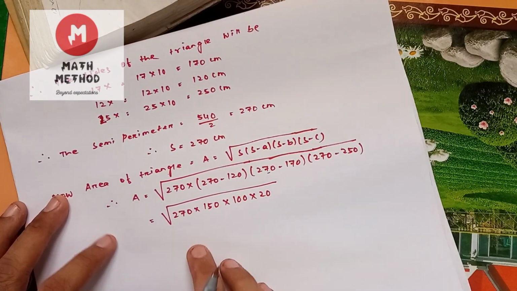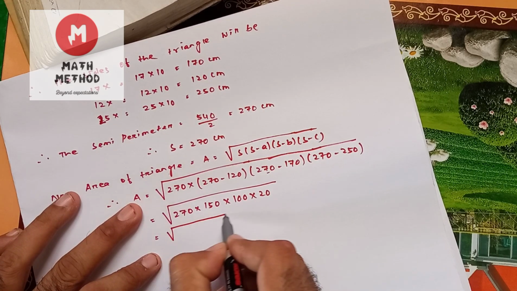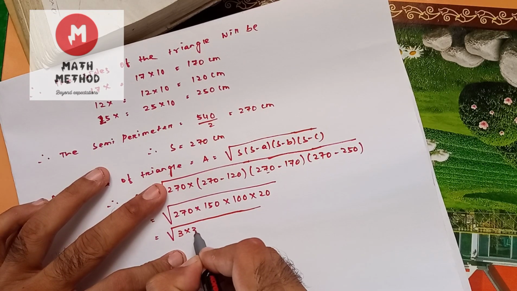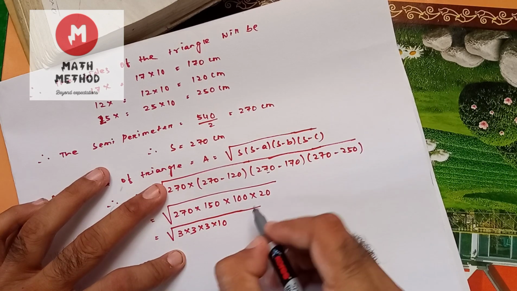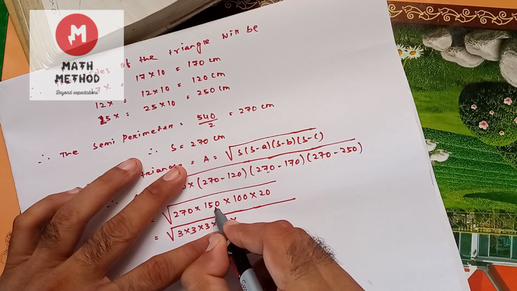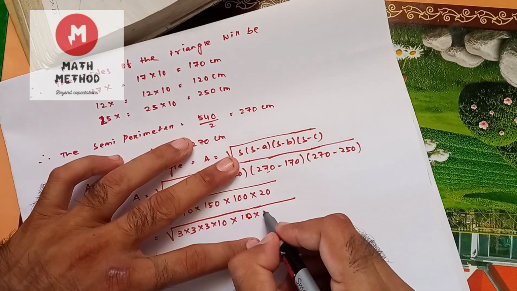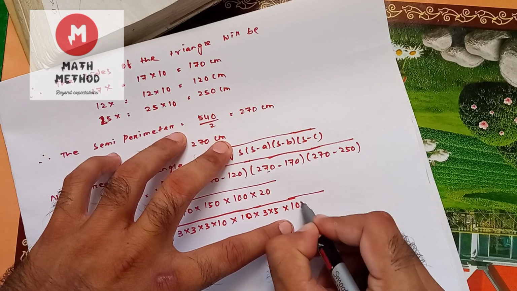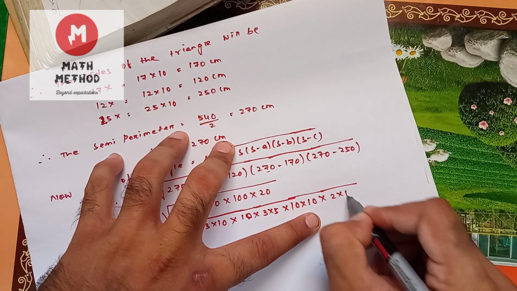Clear? Which is equal to root over 270 into 150 into 100 into 20. Factorizing, 270 is 3 into 3 into 3 into 10, 150 is equal to 10 into 15 is equal to 3 into 5, again 100 is equal to 10 into 10, 20 is equal to 2 into 10.